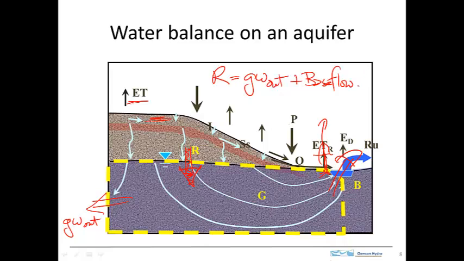And we also have the riparian evapotranspiration going out. So that would be an application of the water balance principle applied to an aquifer. We'll pick up this idea of using a water balance to set up problems in more detail later on. But this is just an introduction here to get you started thinking about this important process.